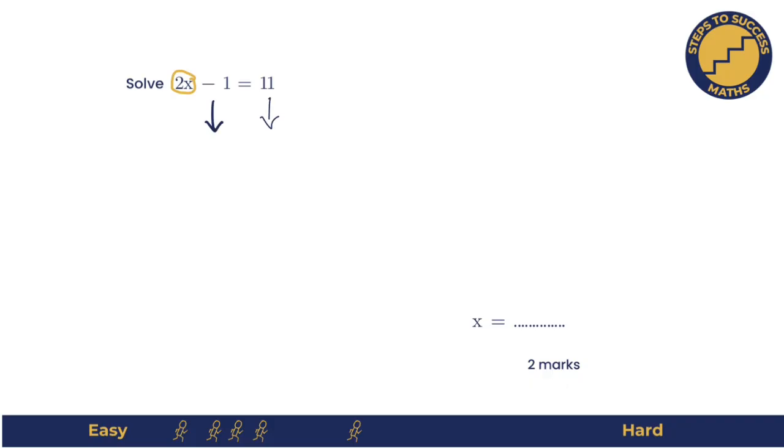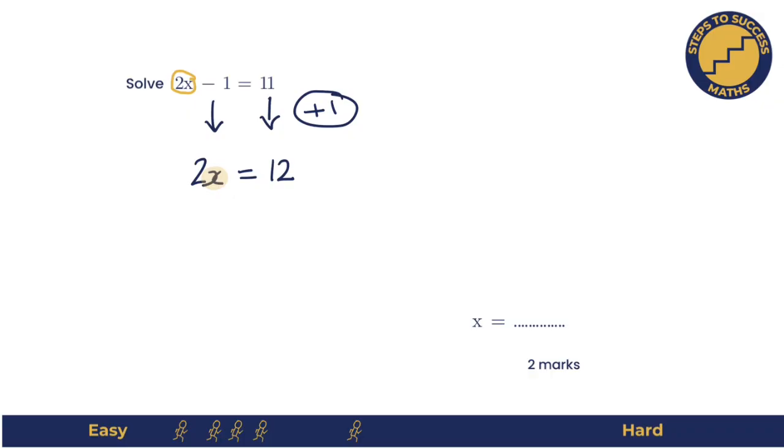Train tracks coming down, add 1. 2x is still there. We haven't done anything to it yet. Minus 1, add 1 disappears. And that equals 11 plus 1, which is 12. So now we've got 2x is equal to 12.